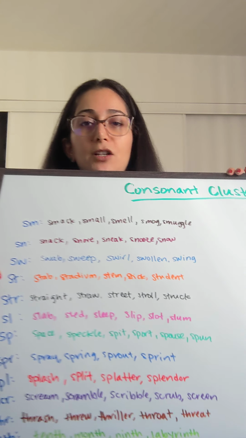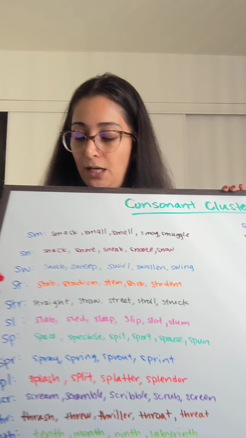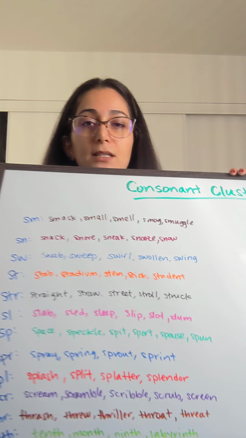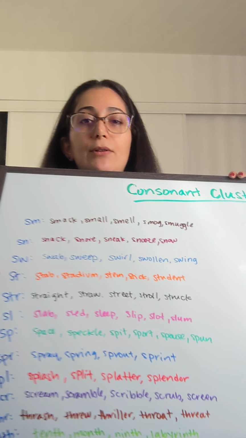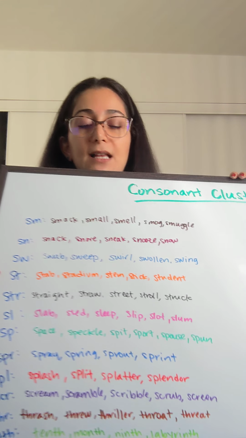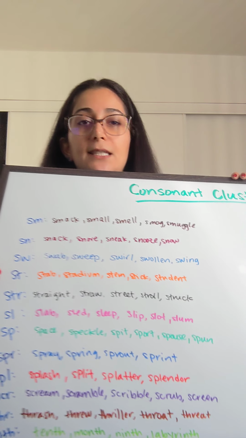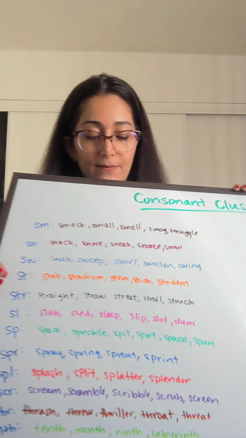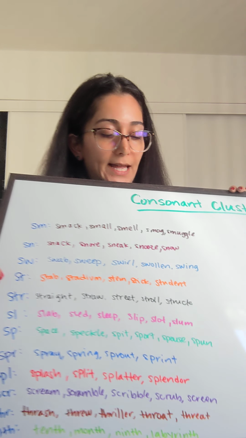It happens in a lot of different languages, but here we're not trying to do that. We don't add sounds into words. This starts with an S sound. It's a pure S sound. So try just making that by itself and then adding the T. We got stab, stadium, stem, stick, and student.